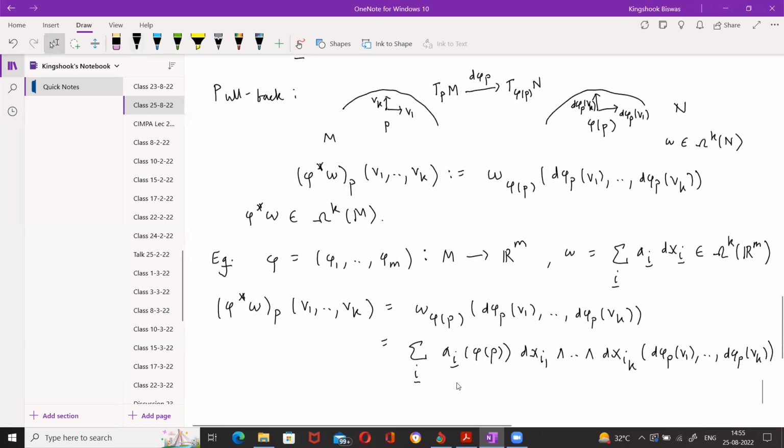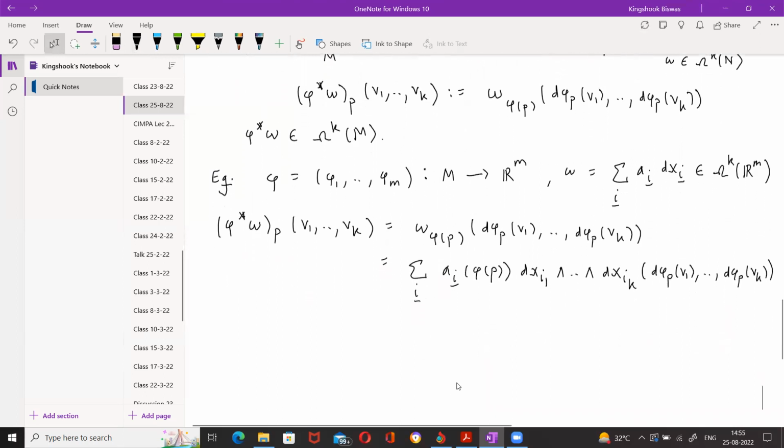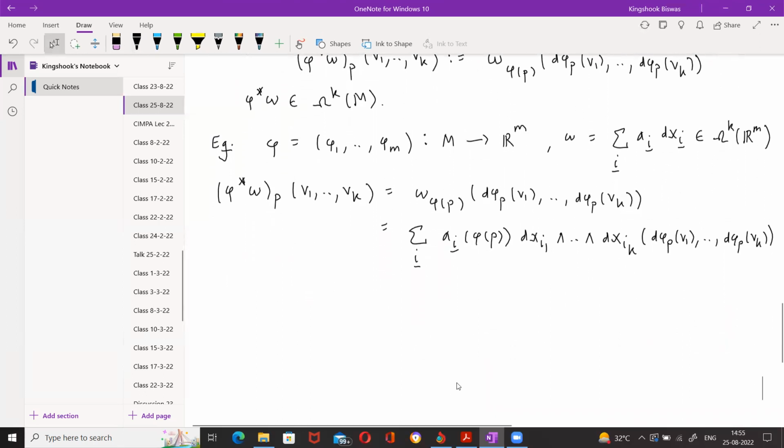And what is d phi P of v? This is a vector in Rm, because phi maps to Rm. So the derivative is a linear map from TPM to Rm.